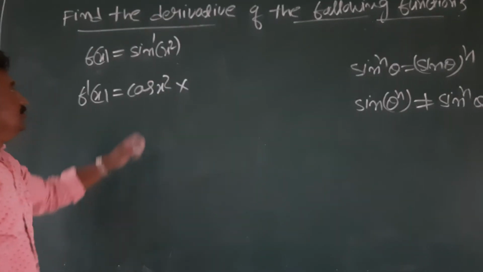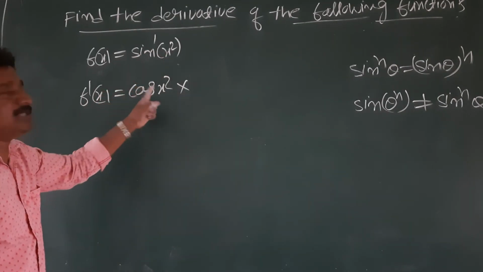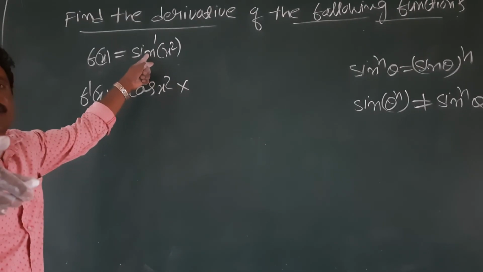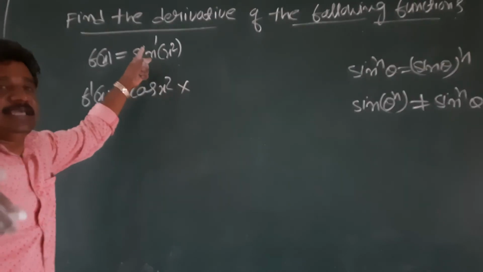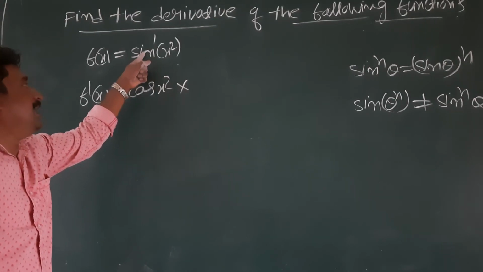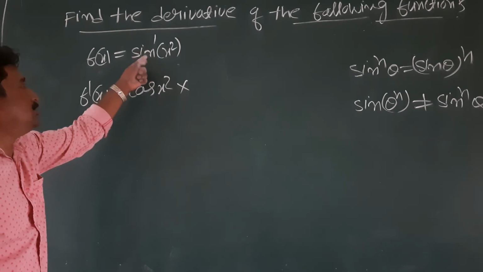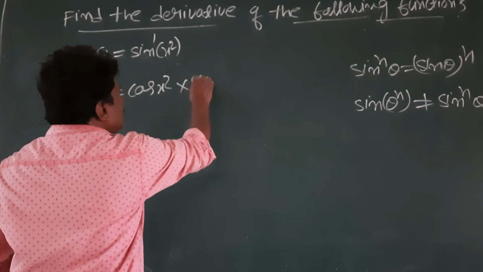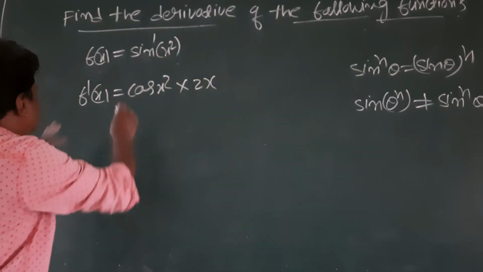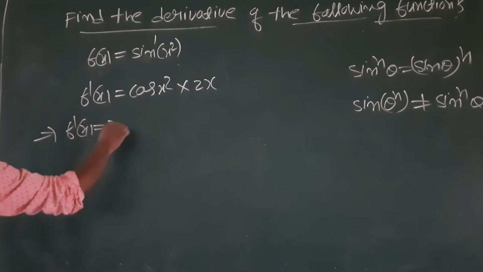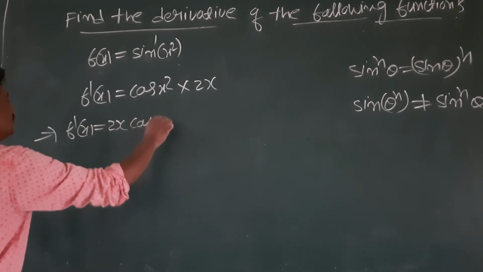So differentiation of sine x square is cos x square. While differentiating power, keep the base as it is. While differentiating base, keep the angle as it is. Now go inside. Differentiation of x square is 2x. Write that neatly once: f dash x is 2x into cos x square.